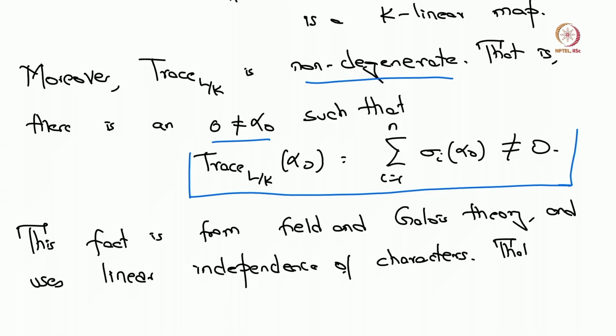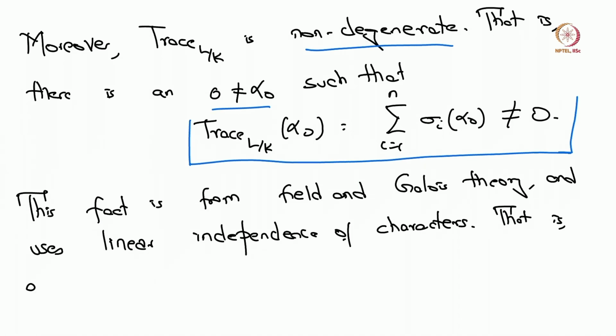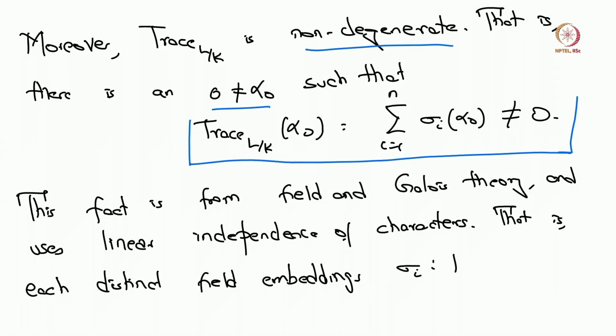That is, you have these distinct field embeddings from L to its separable closure.